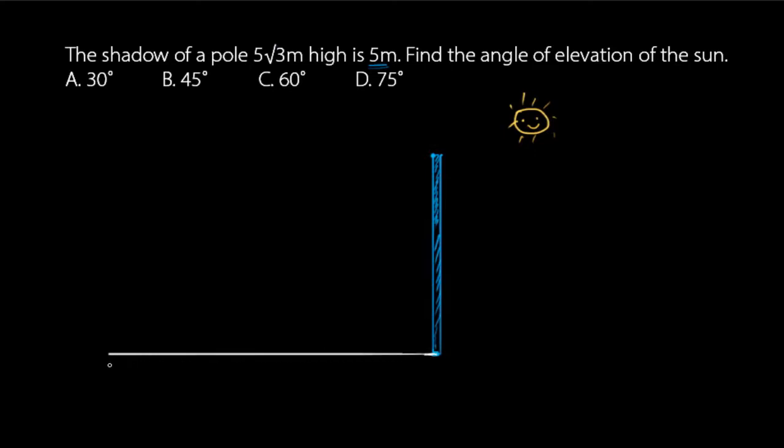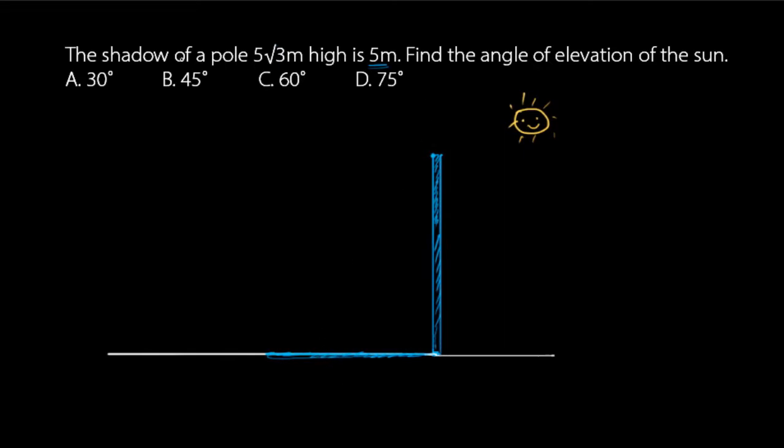Let's say this is the plain ground, something like this. So what we have as the shadow of this pole is going to be something like this, something of this nature. So this is the shadow of the pole that we have here.